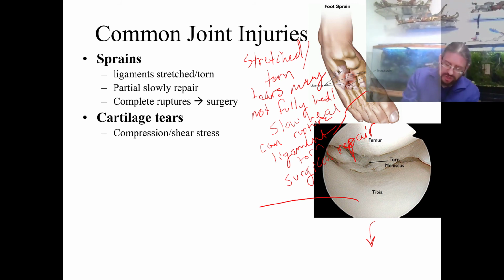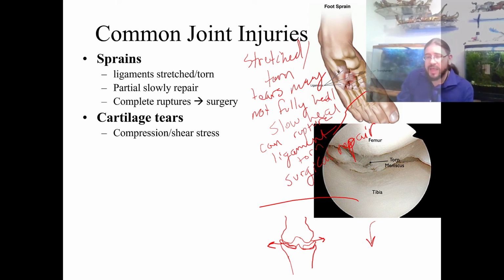And then shear stress can also rip cartilage. Shear stress would be like if you had your femur and your tibia, right? And you had your meniscus cup there. Shear stress would be stress against the cartilage itself.